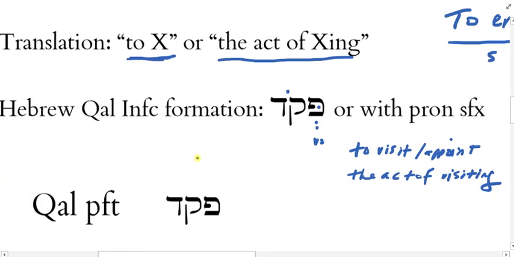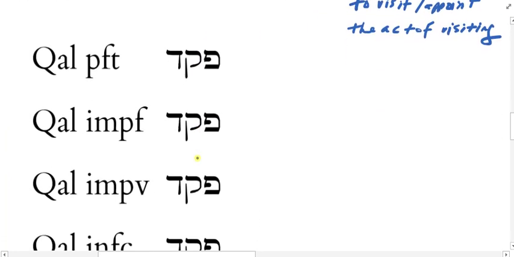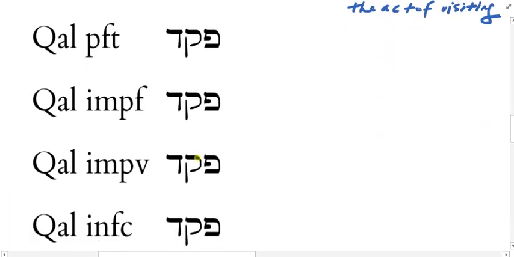In fact, you actually have this in your textbook, on page 161. Let's just review the forms here. The Qal perfect, pakad, looks like this, pakad.